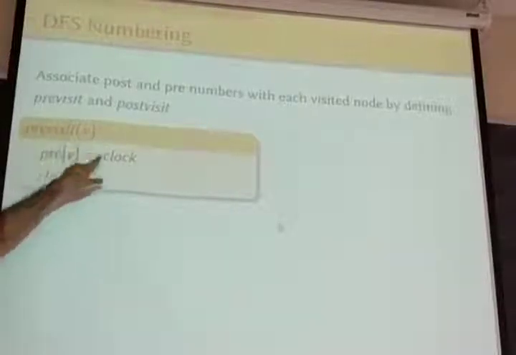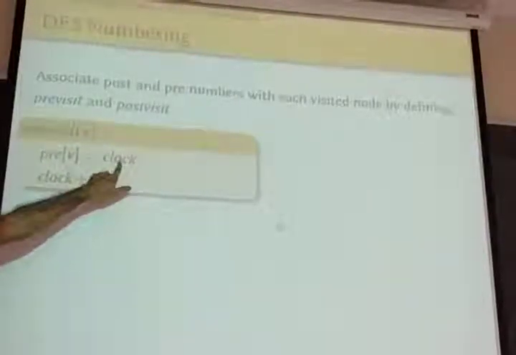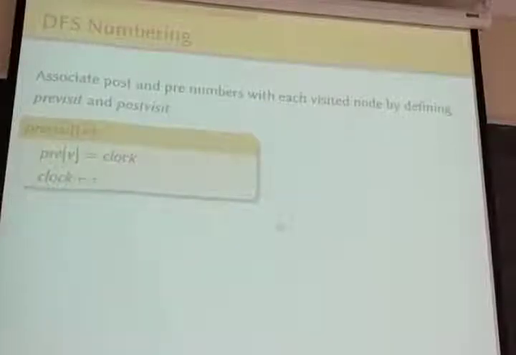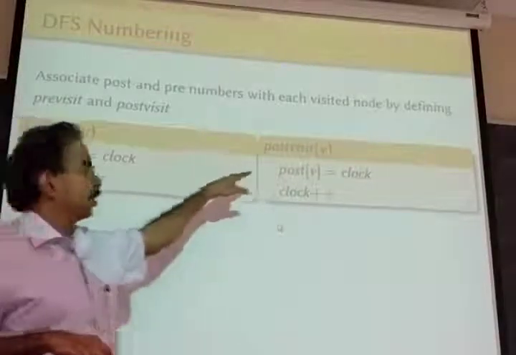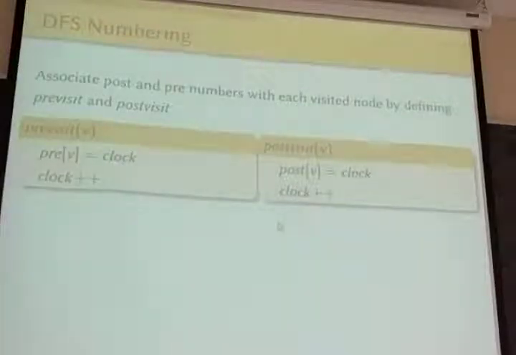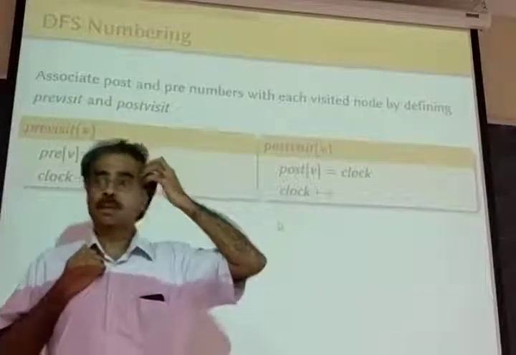And so what you do is in a pre-visit, you take the current global counter value and assign that as the pre-number of a vertex, right? Pre means before you start visiting the children of that vertex, or rather, the first time you come to that vertex, you're going to give a number that's called the pre-number, okay? Similarly, you're going to do the same thing when you complete, right? So post-visit is done after finishing the exploration of all the children, and at that point, you're going to assign a number that's called a post number, okay?